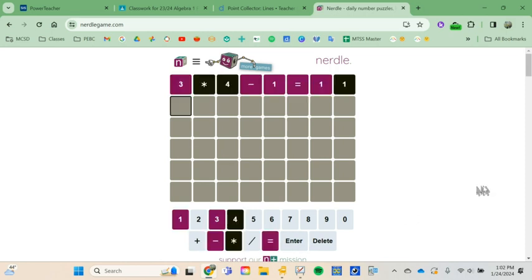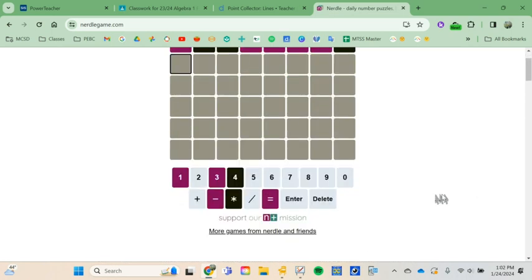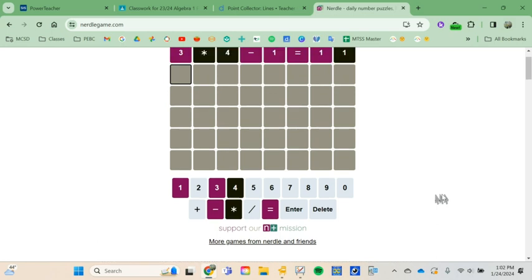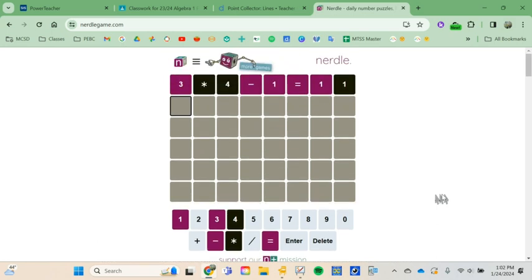Okay, and what are the color codes? I think purple is in the right place. Black is wrong. We don't have any greens yet. So red is in the wrong place, black is wrong in general. It's a lot harder than Wordle, isn't it?